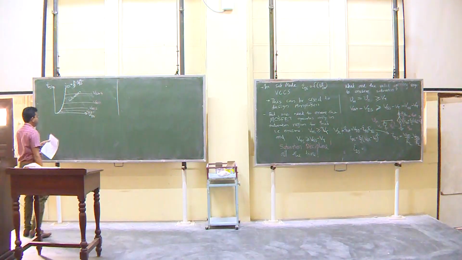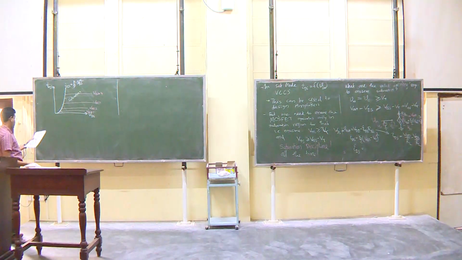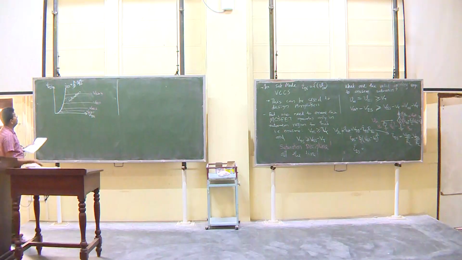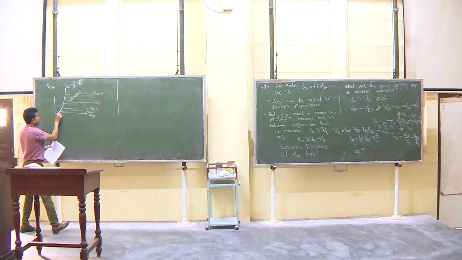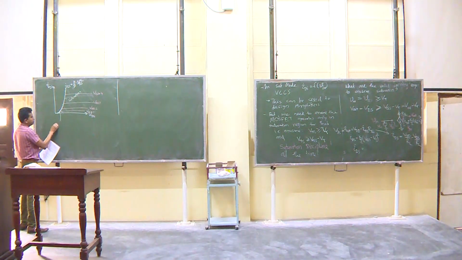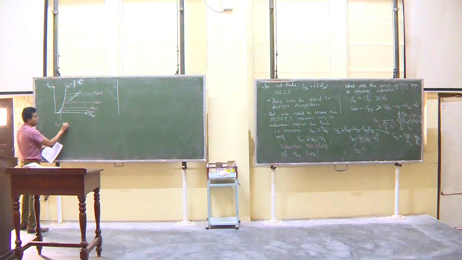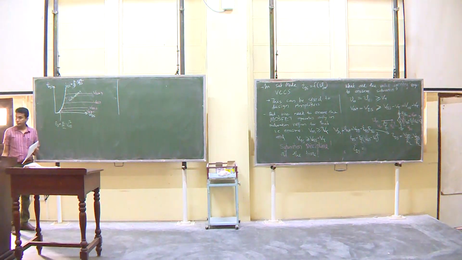That's a saturation region. Why is this like that? This line is ID is equal to K divided by 2 V overdrive squared, right?